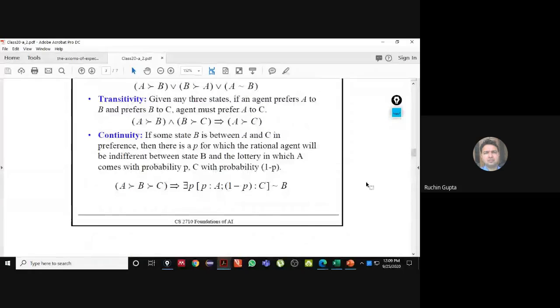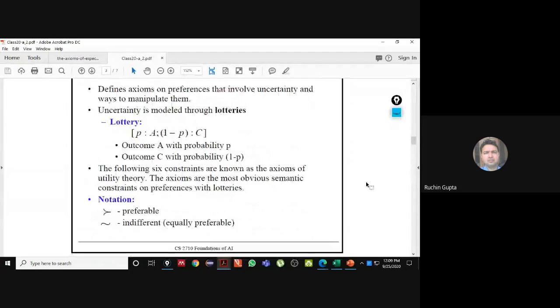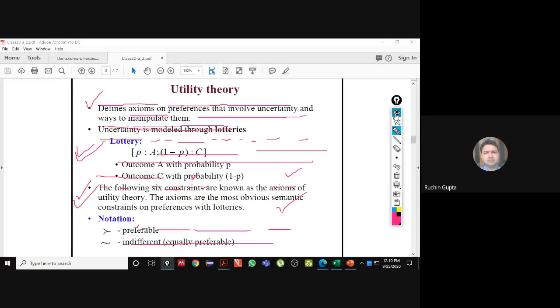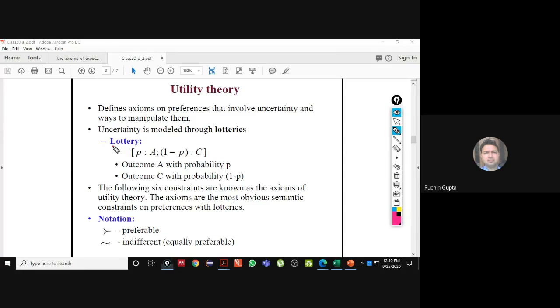So what is a lottery? I have told you. I've told you a lottery has pairs like this, and each pair is a combination of two elements. One is the probability, another is the outcome, or you say the utility or the reward.